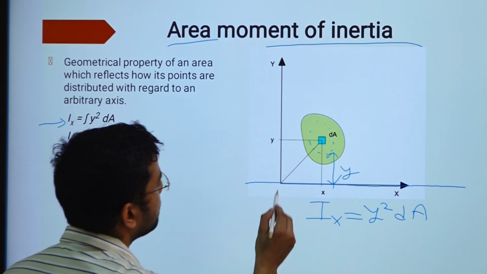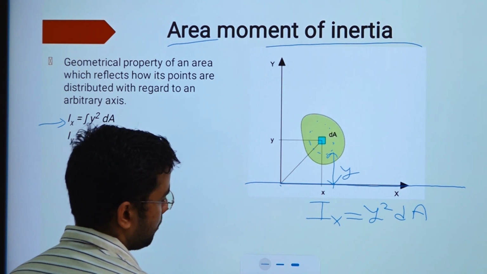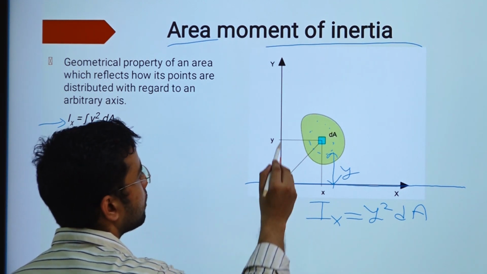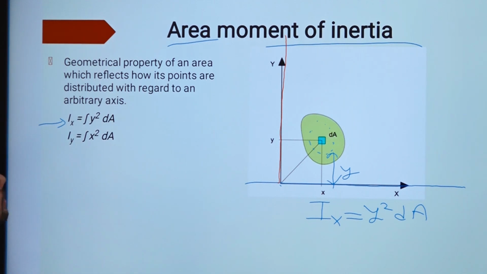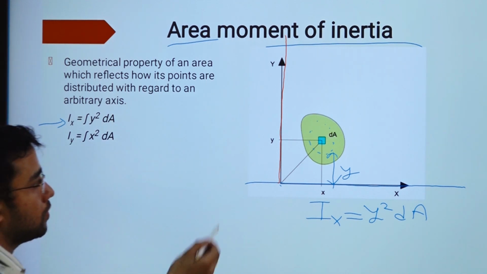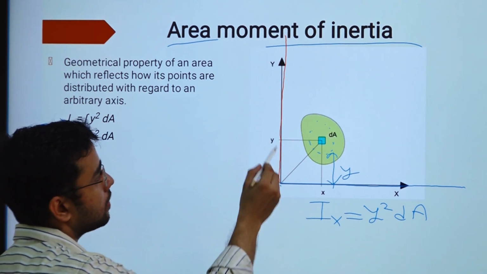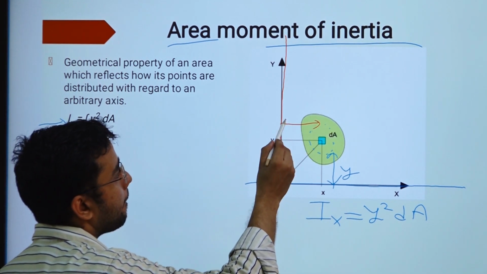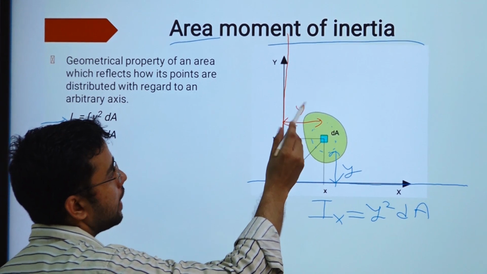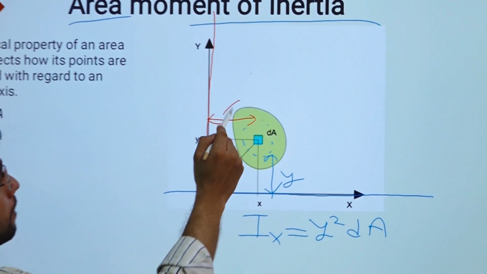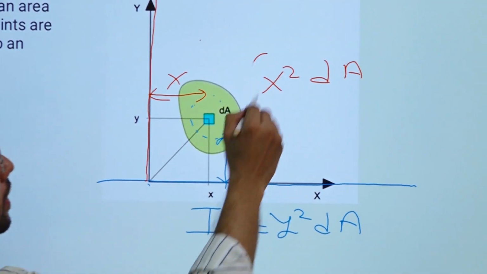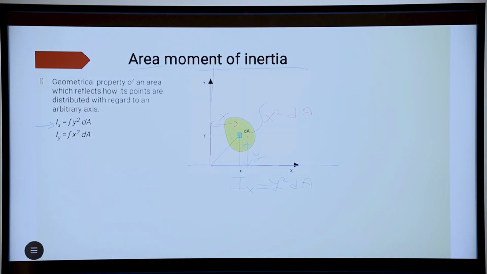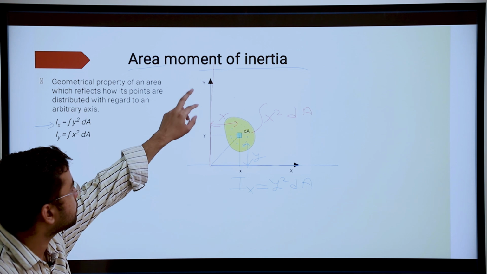Similarly, Iy is equal to x square dA. This is the area moment of inertia from the reference line of y, where these are the x coordinates and the area, so x square dA. This will be the area moment of inertia about the y direction.